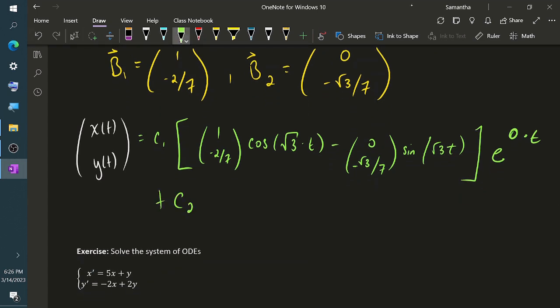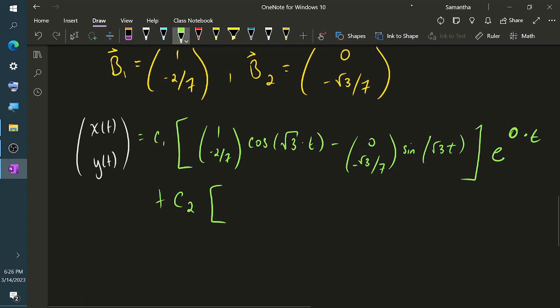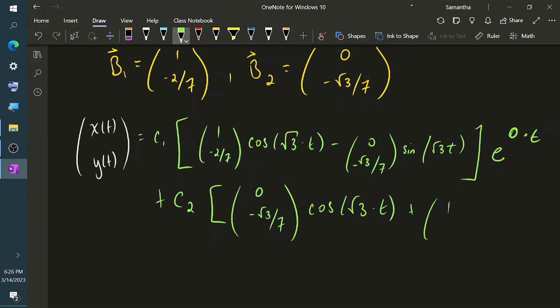Then C2 will be multiplied by B2, which we identified as this vector, times cosine of root 3 times t, plus B1 times sine of root 3 times t, times the exponential.